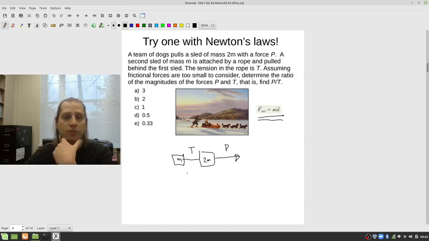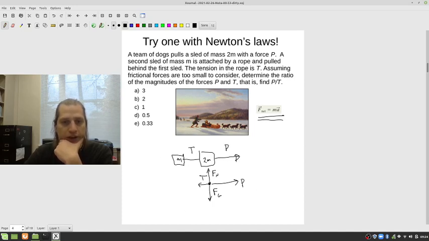So we don't have to care about friction. What do we have to care about? Well, we have a normal force and we have a gravitational force. That's not really going to be that important in this problem because what we care more about is this pulling force pulling forward and this tension force pulling backwards.